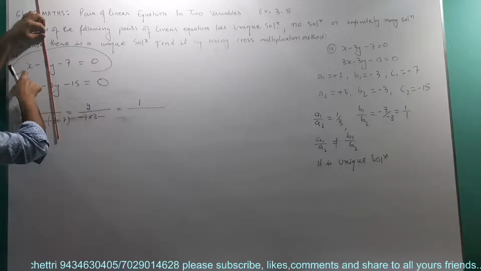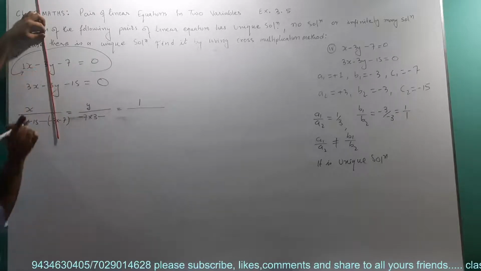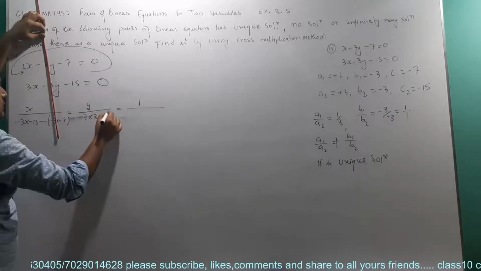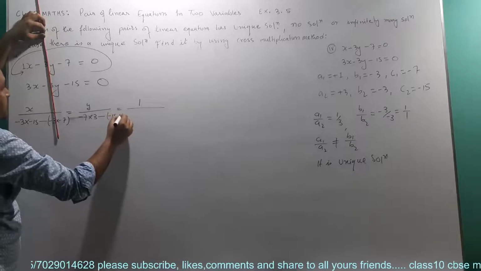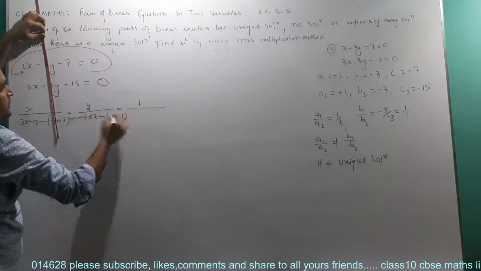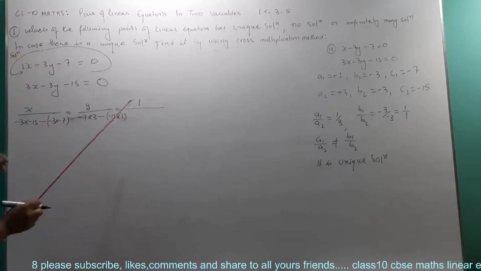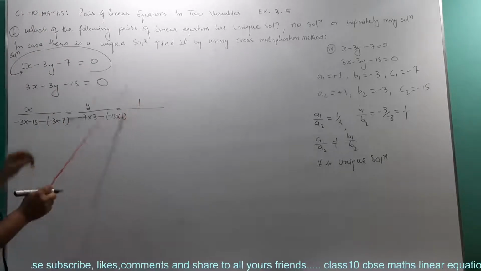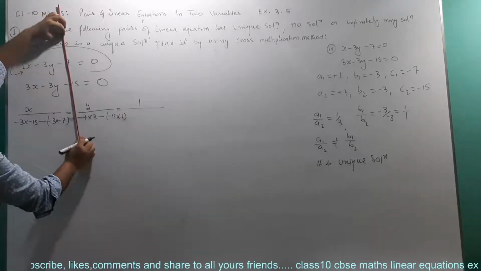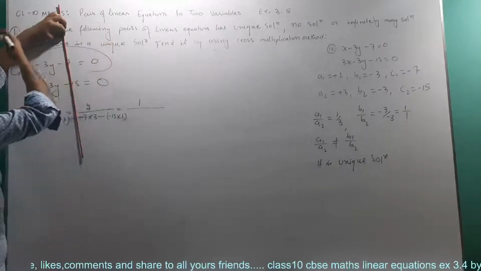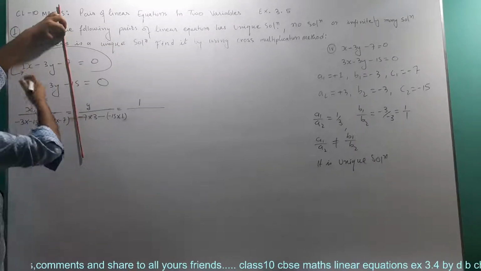15 multiplied by 1. If there is no number, it means 1 is there. Minus 15 multiply 1. Now this is a constant, there is no variable, so hide this constant and multiply moving in one direction.